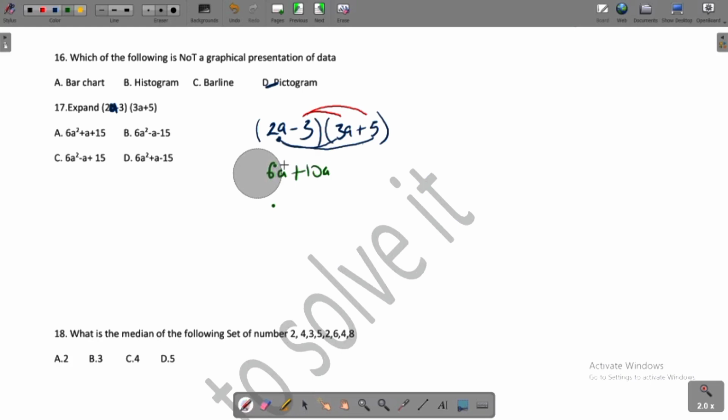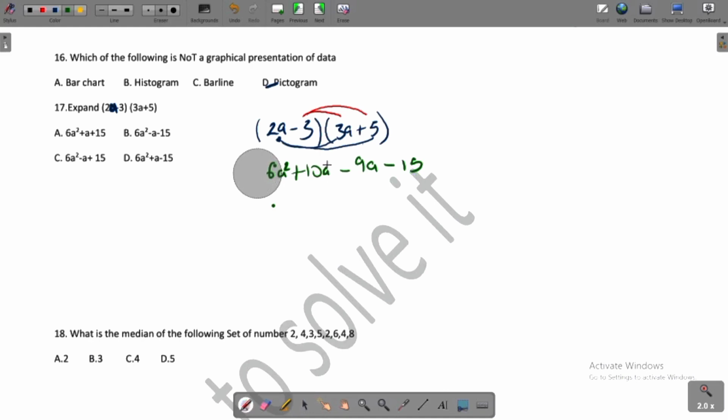This one is 6a squared because we have 2 multiplied by 3, you know, 6. Then minus 3 times plus 3, you have what? Minus 9, because minus times plus is equal to minus. And minus 3 multiplied by positive 5, you have minus 15. That is negative 15.